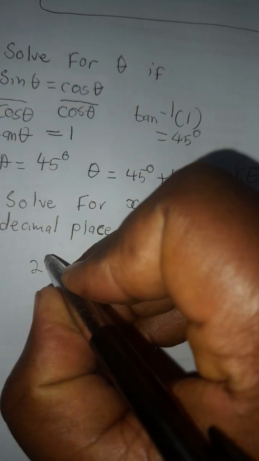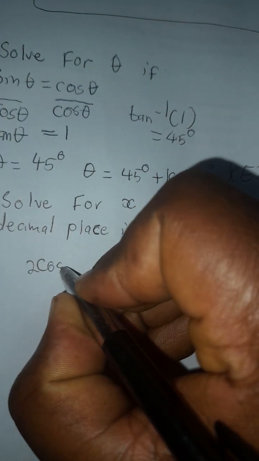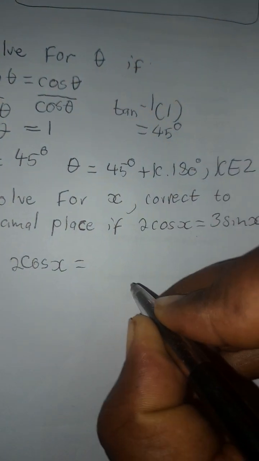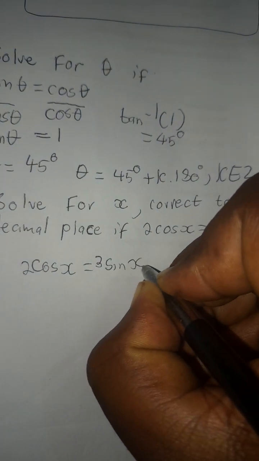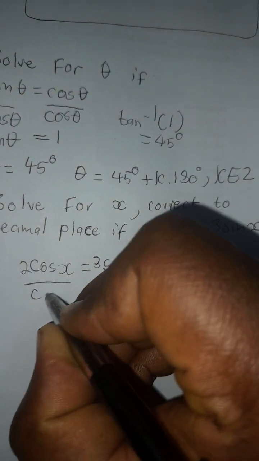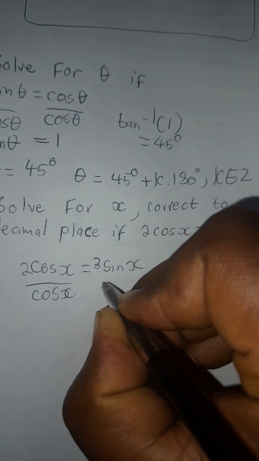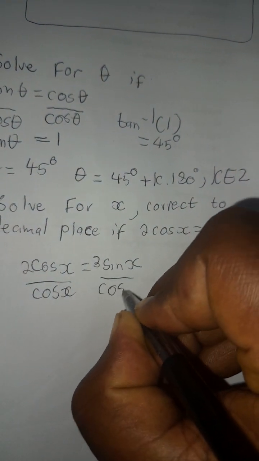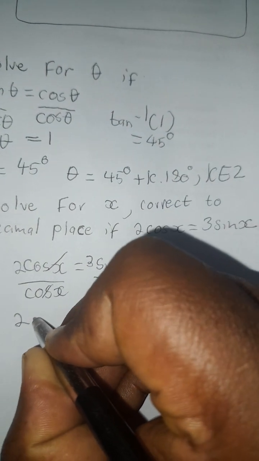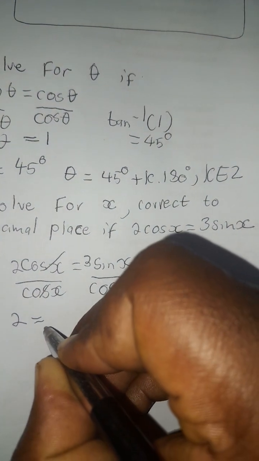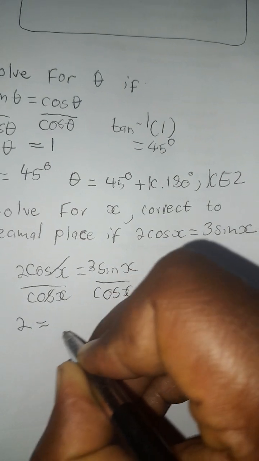I'll say 2 cos x is equal to 3 sine x. I'll divide both sides by cos to make it a quotient identity. So cos and cos cancel, and we're left with 2 there.